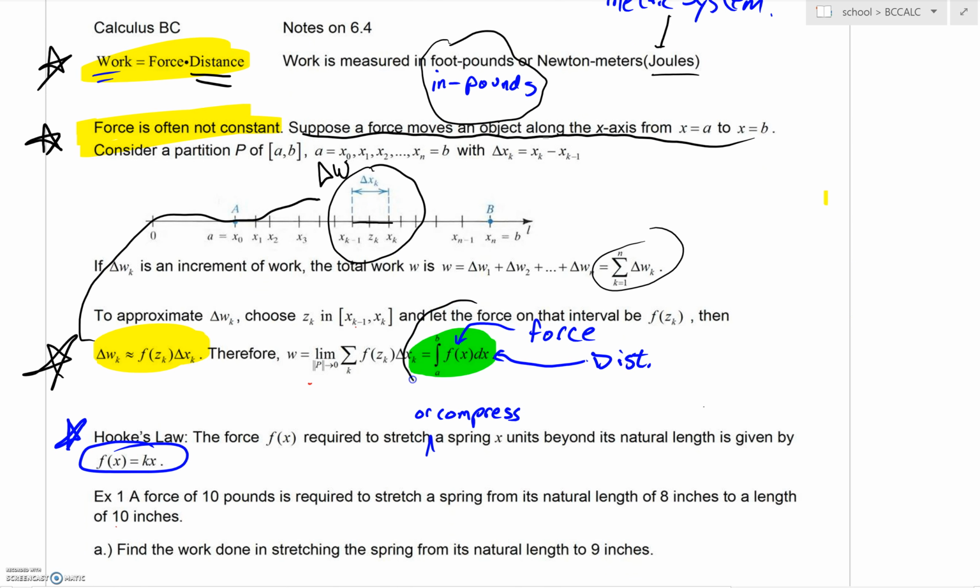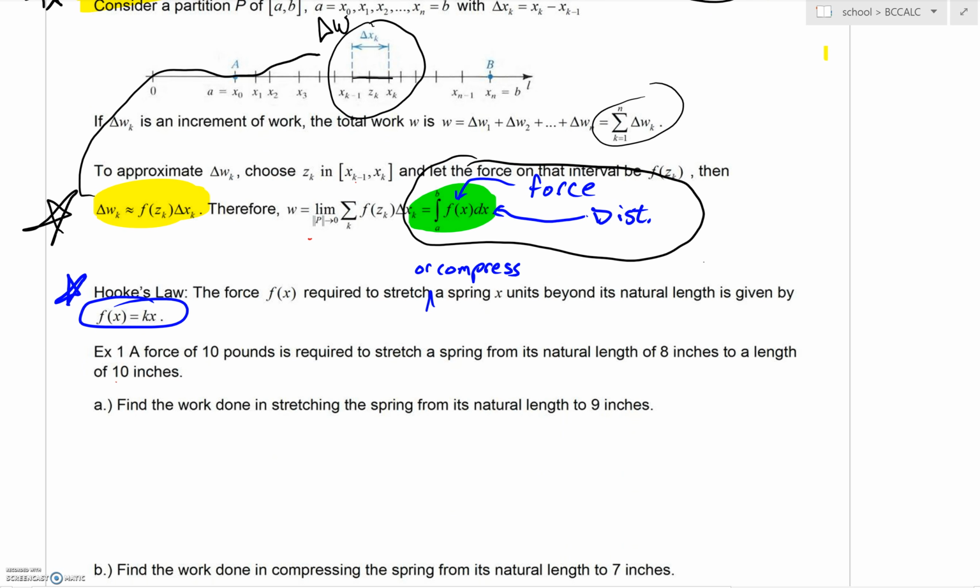So look here in green, what you're going to see is f of x is the force applied at a particular x value. dx is this infinitesimally small little slice of distance. And you multiply that together, and that's a work increment. But we're going to calculate that like an infinite number of little slices from x equals a to x equals b. And then we're going to be able to calculate work.